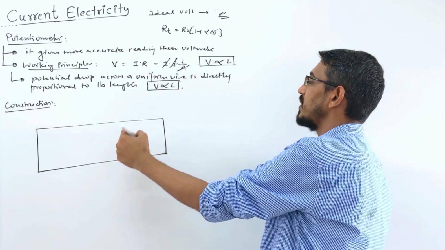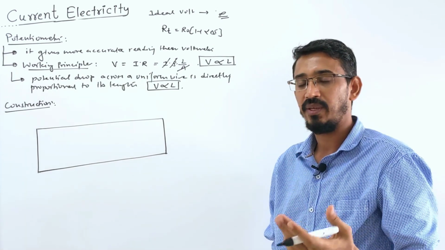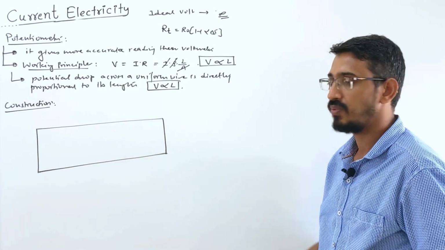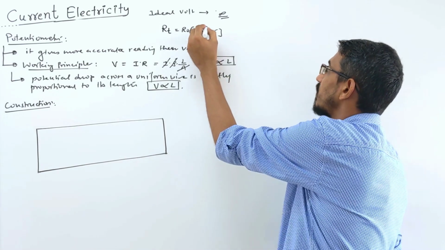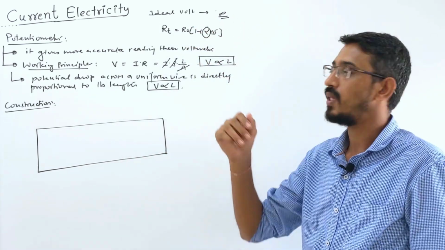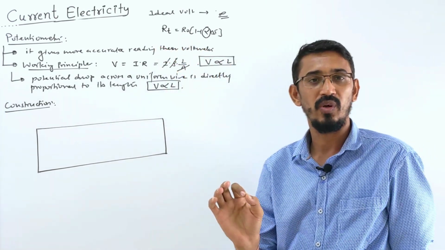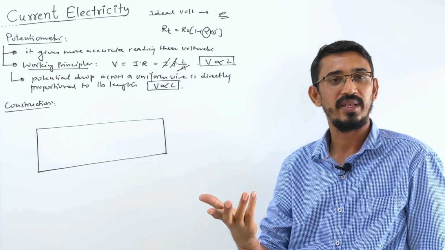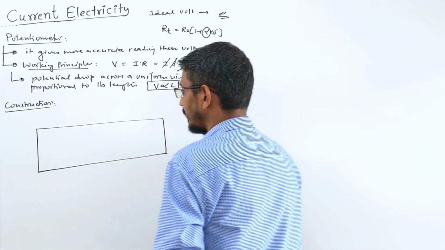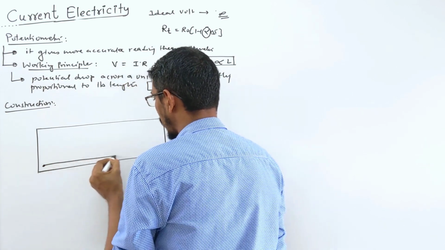So materials like manganin and Eureka are used for this wire, whose temperature coefficient alpha is very small, meaning the resistance will not vary with temperature, okay. So look here, generally people use 5 meter, 10 meter, or even longer wire.